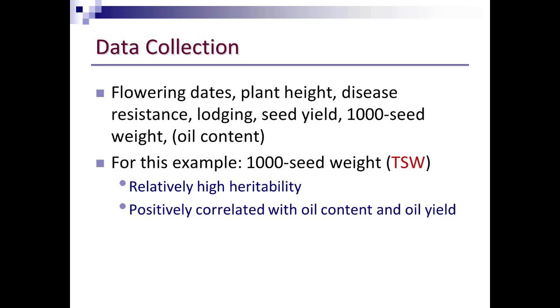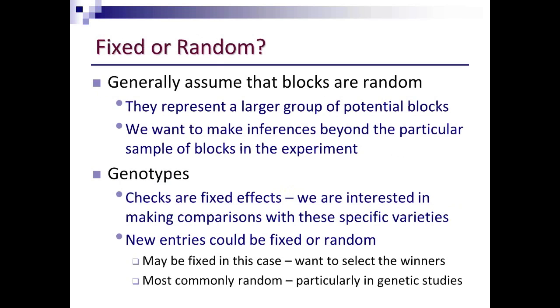We do have that now, and it's a routine measurement. Of course, it's our primary interest. For this example, we'll just look at the variable 1,000 seed weight. It has a relatively high heritability, and it's positively correlated with both oil content and oil yield.